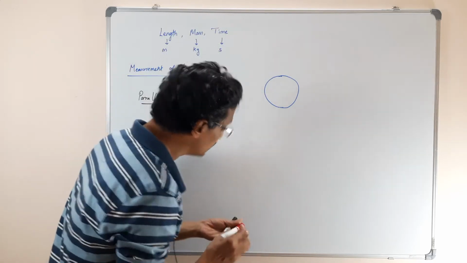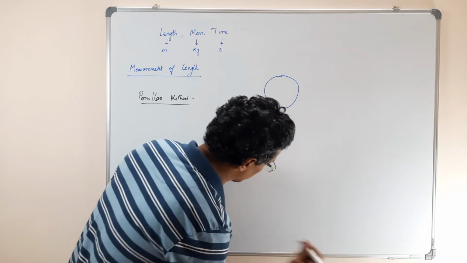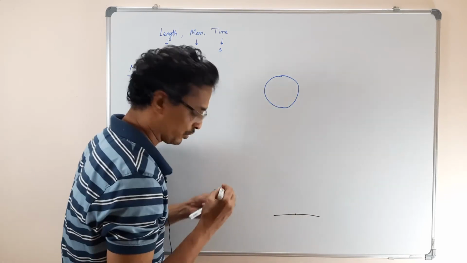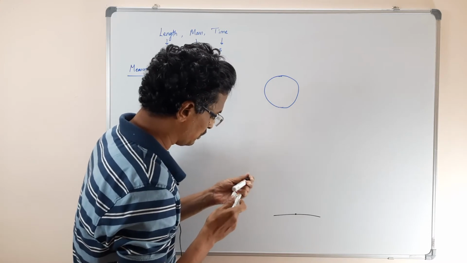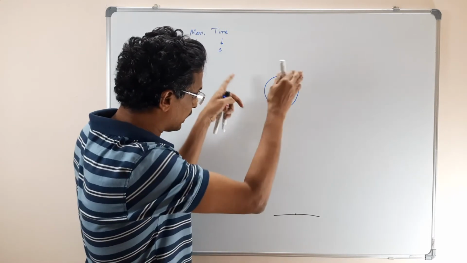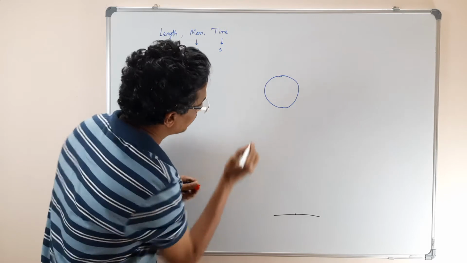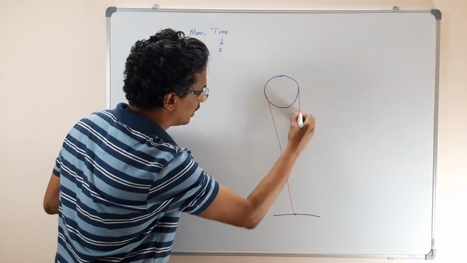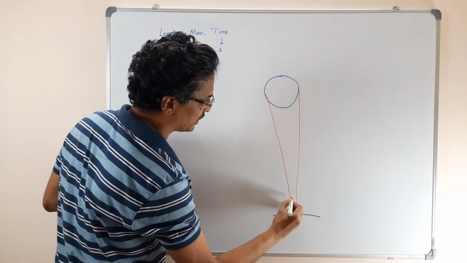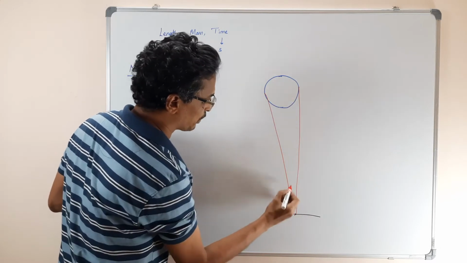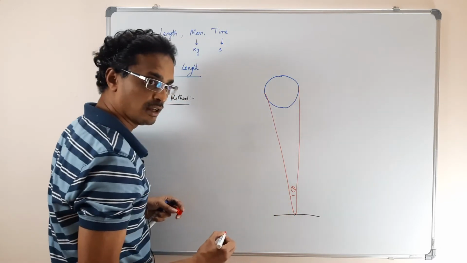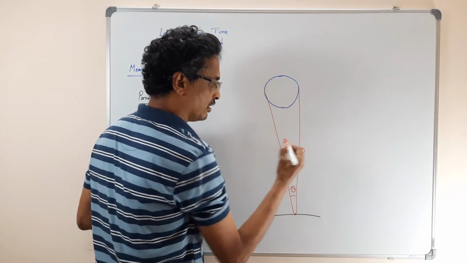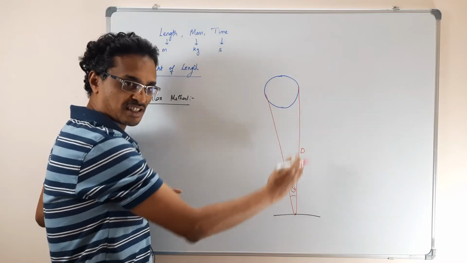So I am on the surface of the Earth. Using a telescope, I can see an enlarged image of the planet, and I can see the angle subtended by the two edges of the planet. Am I right? And I know this distance; using the parallax method, I can measure the distance.